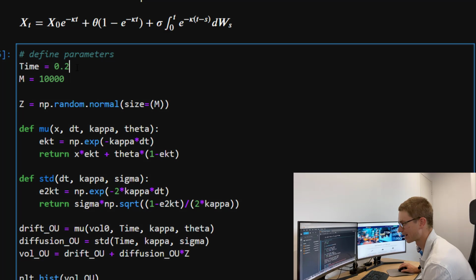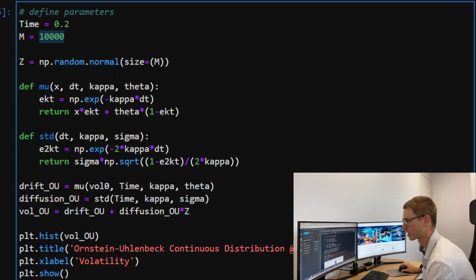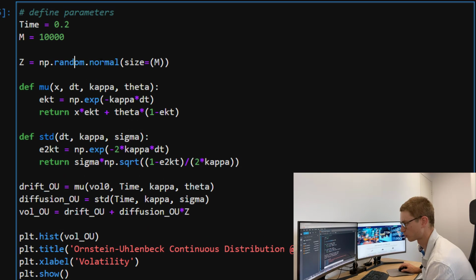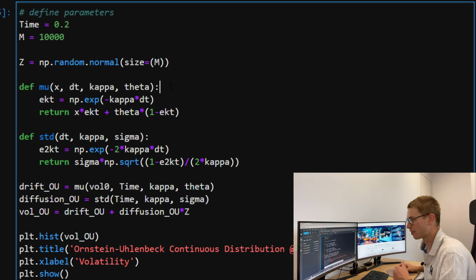Now, if we just want to go ahead by 0.2 years, we have 1,000 variables. We're going to model that using the random normal distribution, and assign that to the z value for m variables. Then we've got our two functions, mu and standard deviation here, which are just part of our Ornstein-Uhlenbeck process. So we've got kappa, theta, time, our x variable, our lagged x variable that you're requiring, kappa and sigma.